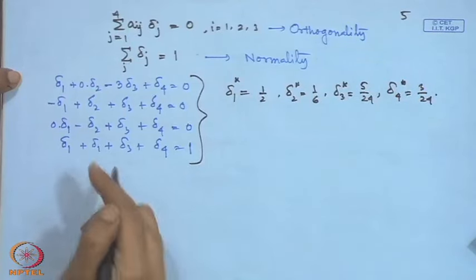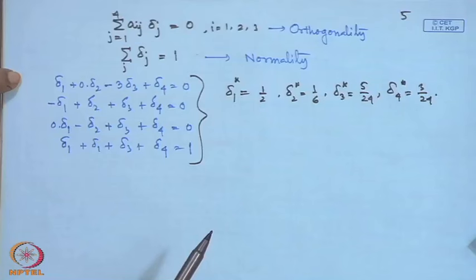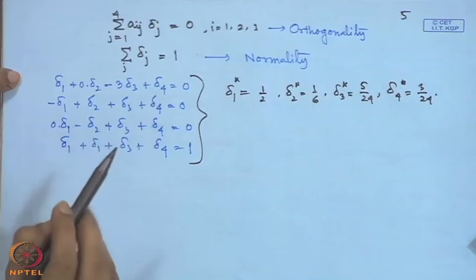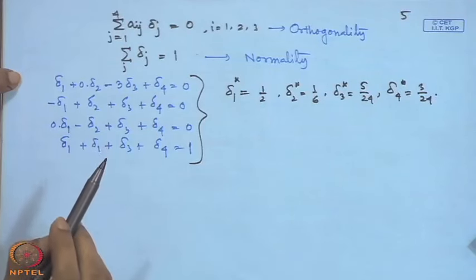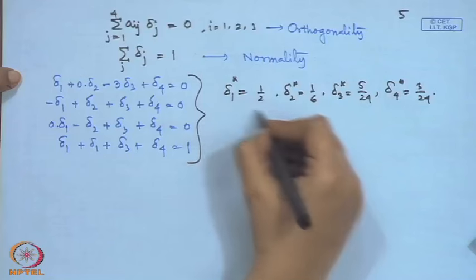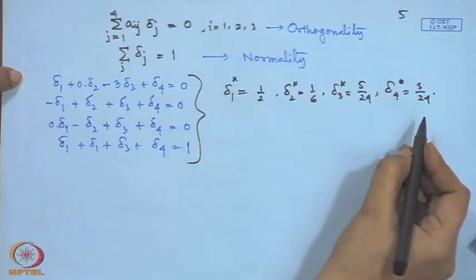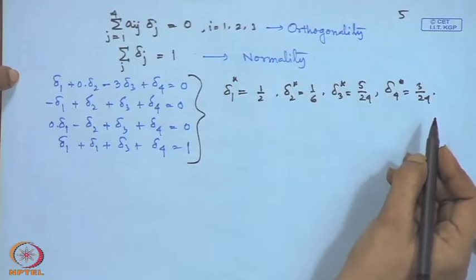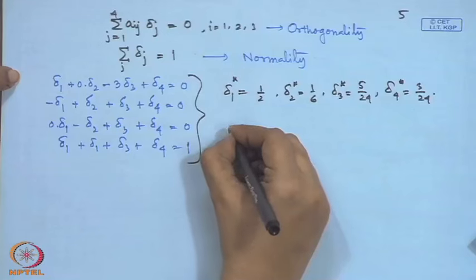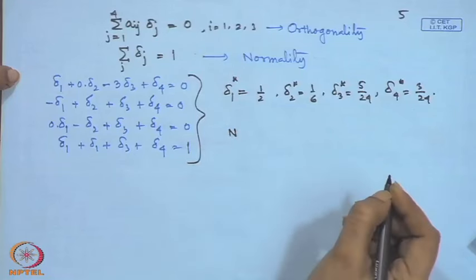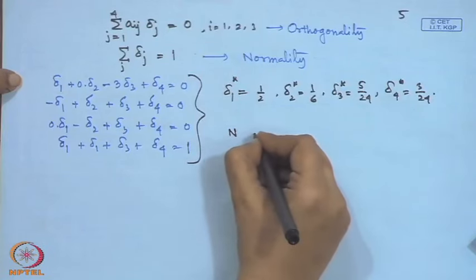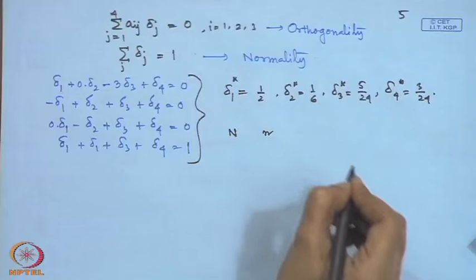One thing to be mentioned here, for this problem we are having 4 equations, 3 decision variables, thus we are getting the unique solution for deltas, but this is not happening every time. We may have that capital N, that is the number of terms, not matching with the number of decision variables.